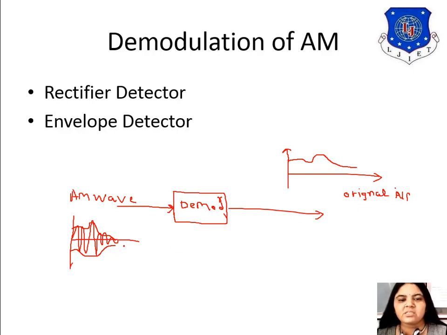This way demodulation gives us the original message signal back. There are various types of demodulators. Mainly we will discuss two types: one is the rectifier detector and another one is the envelope detector.